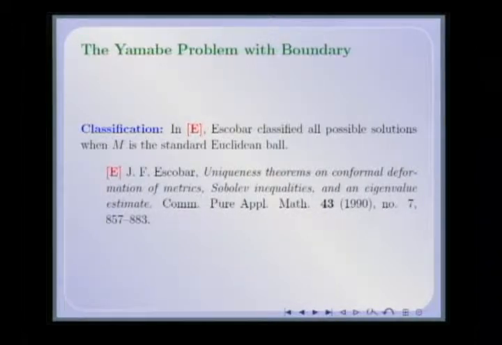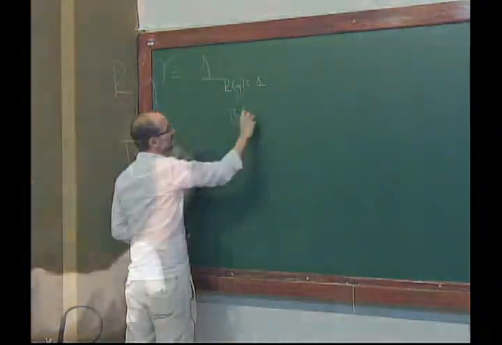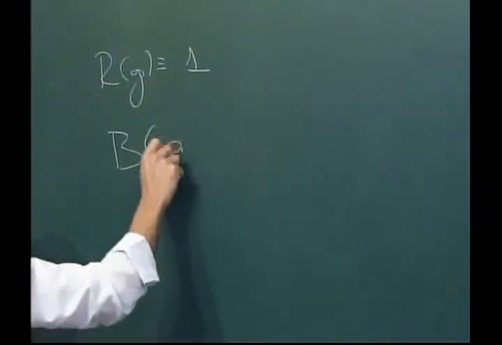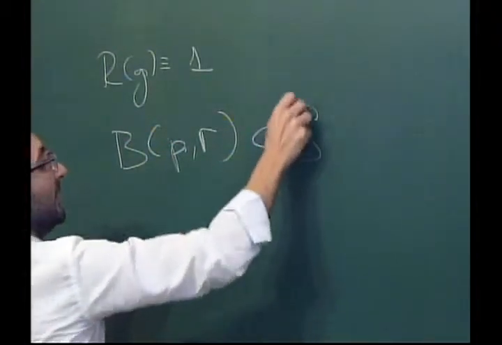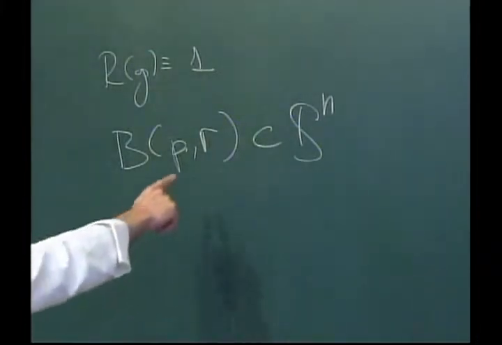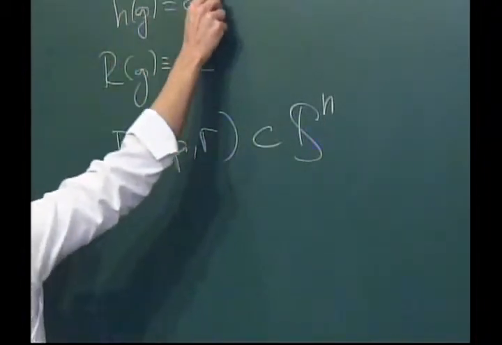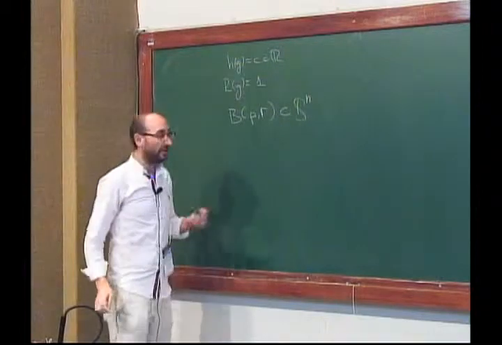In particular, if we fix the scalar curvature to be 1, this implies that the solution has to be a ball, for some center and some radius, in the standard sphere. That has to be the solution to the problem. The radius is going to depend on the constant that we fix for the mean curvature.